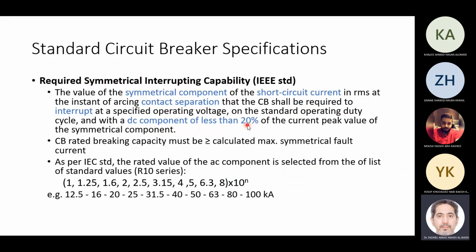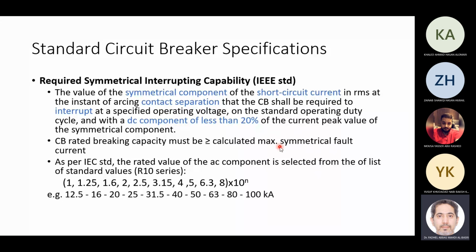So here they consider only the AC components, because they are talking about symmetrical breaking capacity. This is the short circuit current capability of the circuit breaker to break that AC component. The breaking capacity, the interrupting capacity of the circuit breaker, has to be greater than the maximum symmetrical short circuit current.